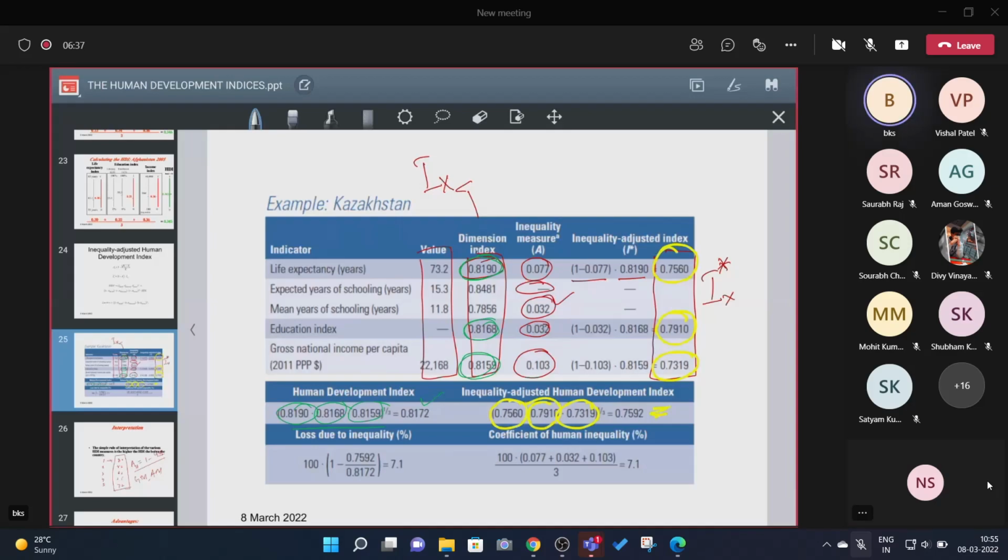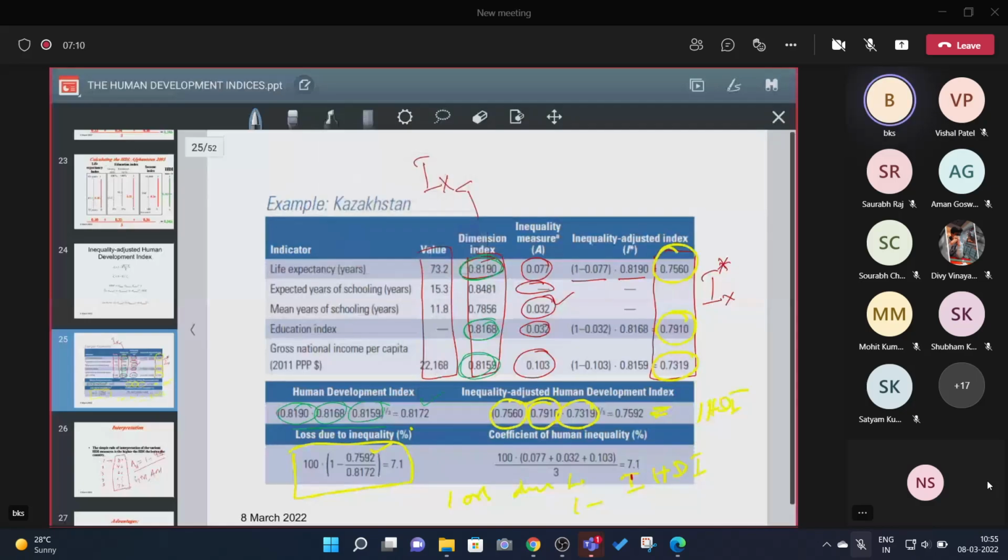So loss due to inequality you can calculate using your inequality adjusted human development index, that is IHDI, divided by your human development index. So loss due to inequality is nothing but 1 minus IHDI divided by HDI. Let me change the color.